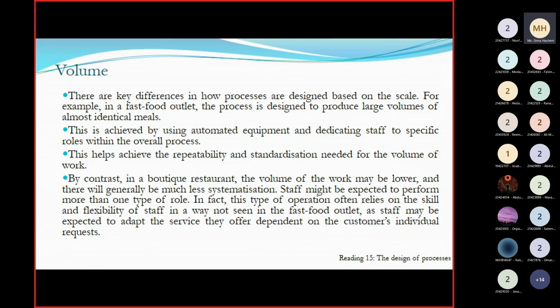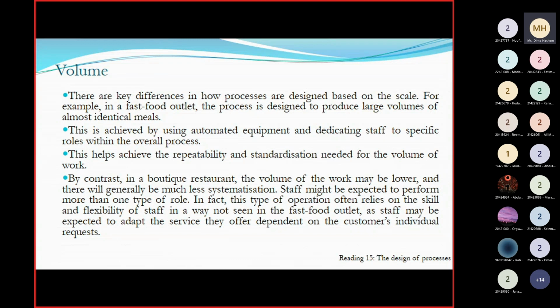This is achieved by using automated equipment and dedicating staff to specific roles within the overall process. So the example of Al Baik, definitely Al Baik has very big volume, all right? So the Al Baik has dedicated staff to make each and every activity. They bring an employee responsible for maybe just one task.